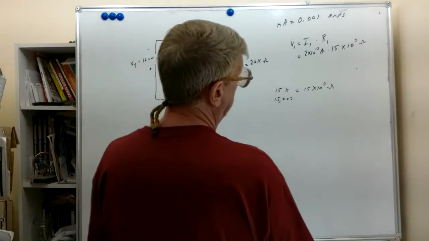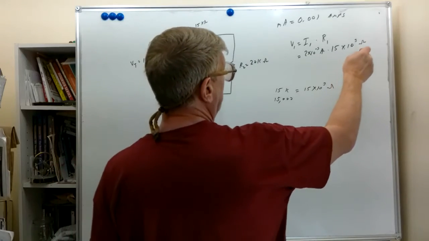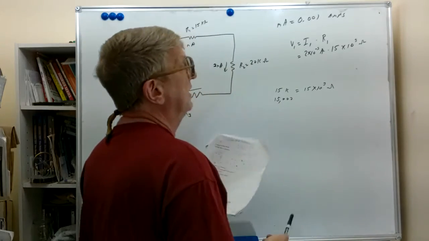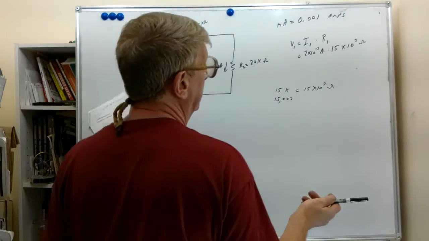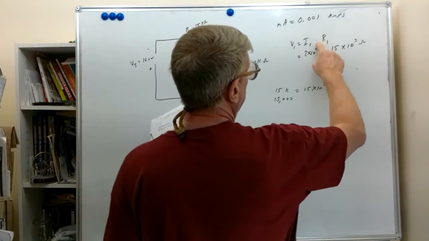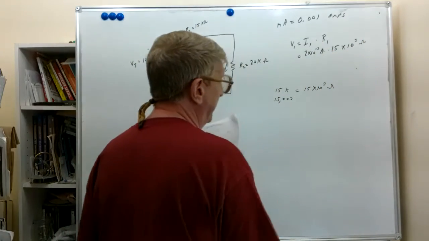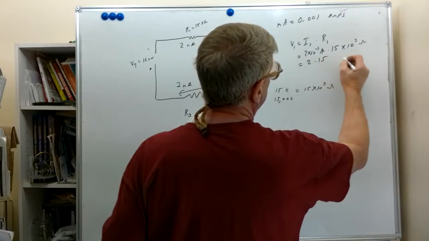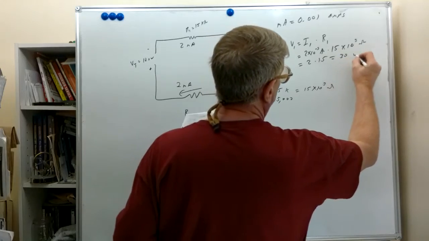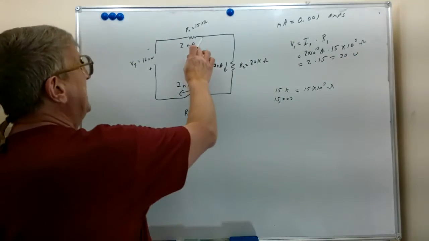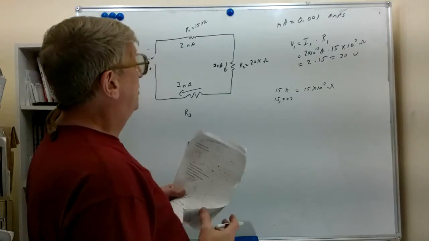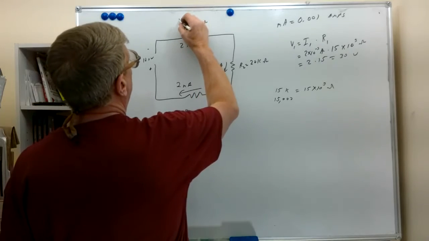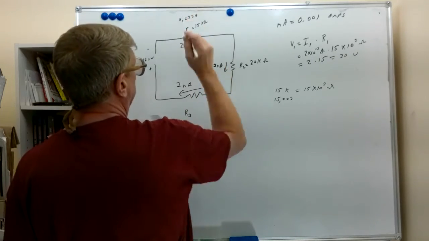Now what we're getting at here, we're putting these in scientific notation, 10 to the negative 3 times 10 to the positive 3 cancels out to just being 1. The negative exponent cancels out the positive exponent. We basically end up with 2 times 15 equals 30 volts. So when you're multiplying milliamps times k ohms, you can just do it directly. 2 times 15, 30 volts. Let's write V1 equals 30 volts.